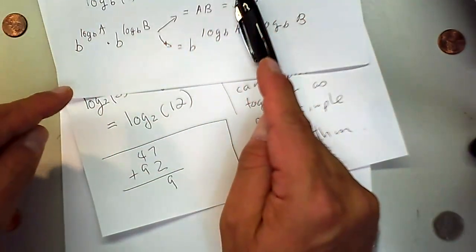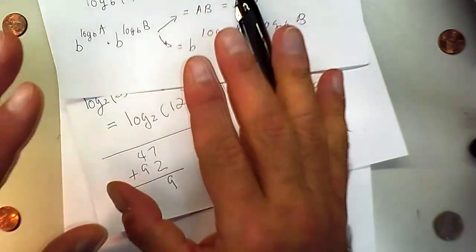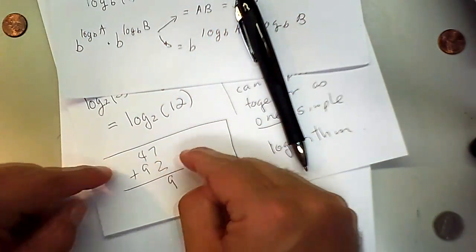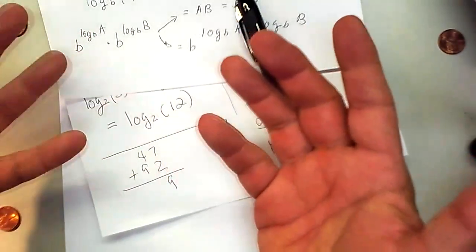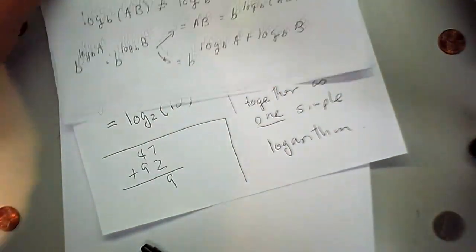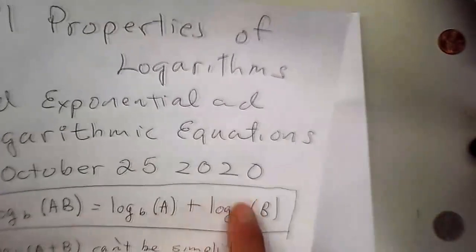There's nothing wrong with that, except that if we do more and more additions, that slows us down dramatically. And then 4 plus 9, I need more fingers. It's better to just memorize that 4 plus 9 is 13, and then just write it down and move on. Same thing happens with logarithms.